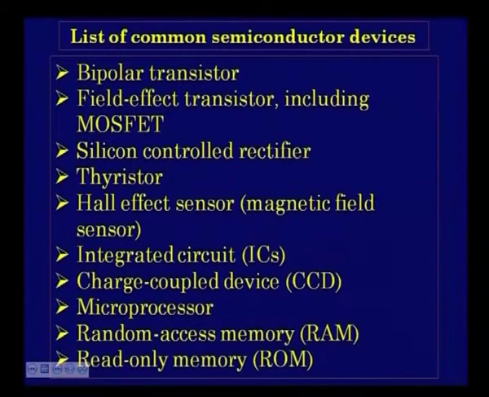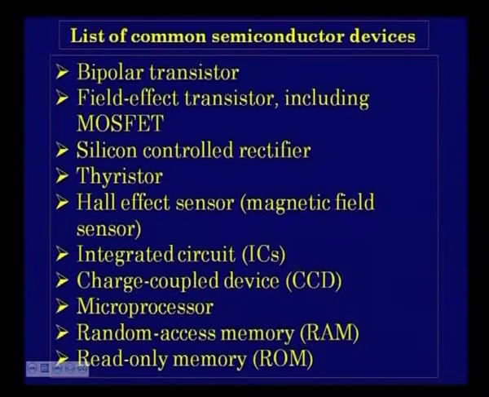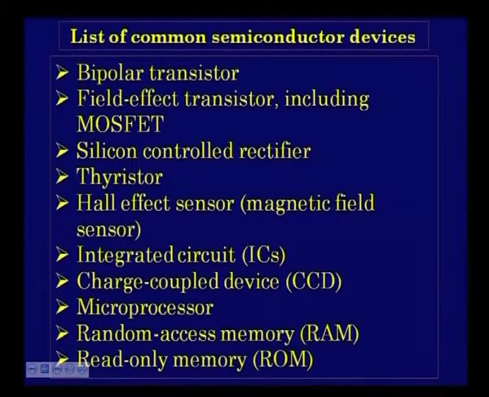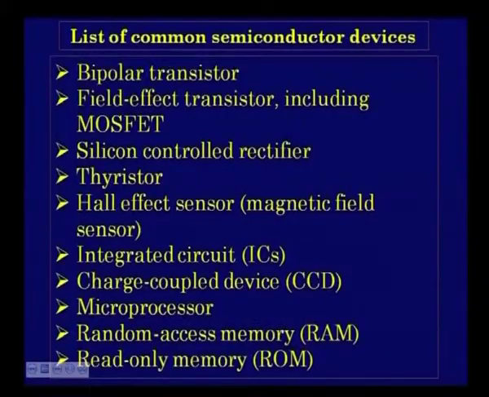The list of common semiconductor devices, apart from what I told you earlier, includes the bipolar transistor, the field effect transistor including MOSFET, the significance of which electronics students will know to a large extent by now, the silicon controlled rectifier, thyristor, Hall effect sensor, integrated circuits, charge coupled devices, microprocessor, random access memory (RAM), and read only memory (ROM).